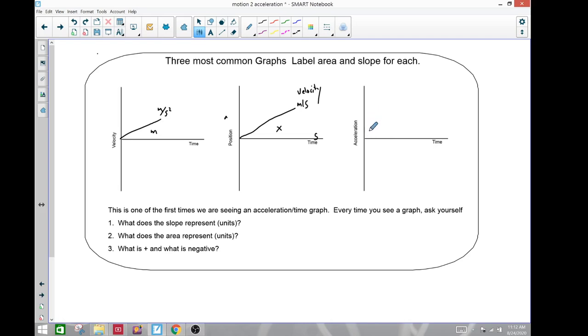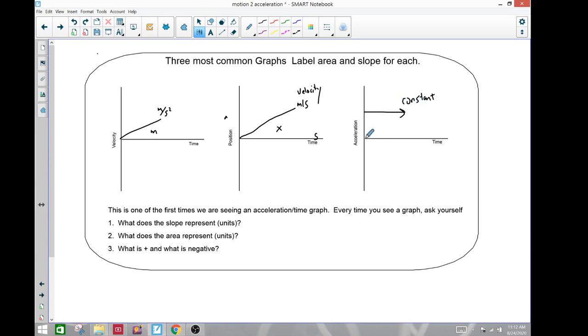So this is a new graph for us here. It just tracks acceleration. We could have an acceleration that is like this, which is constant. That would be a constant acceleration, which is pretty common when we're doing stuff in physics.